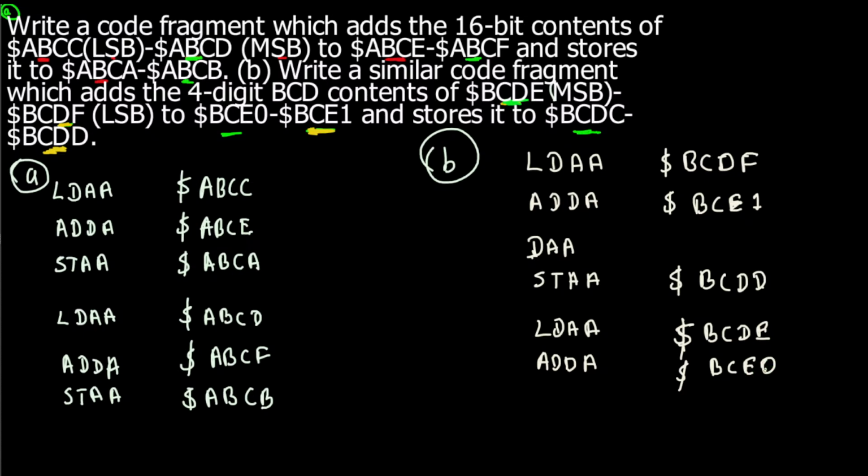This is also binary coded decimal. The whole thing is binary coded decimal for the B part. So after every addition, we have to do the decimal adjust accumulator A. We put the DAA statement here, and then after that we store it. For the most significant bit, that's the first one provided, so STAA, and then store it here, BCDC.